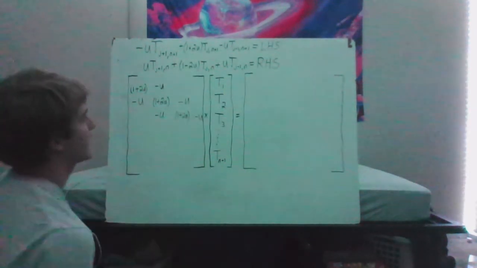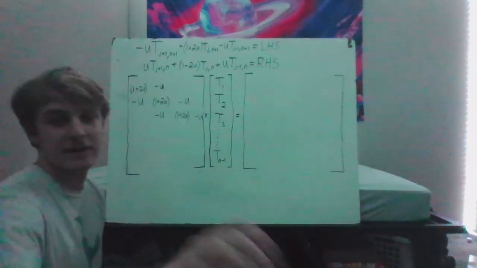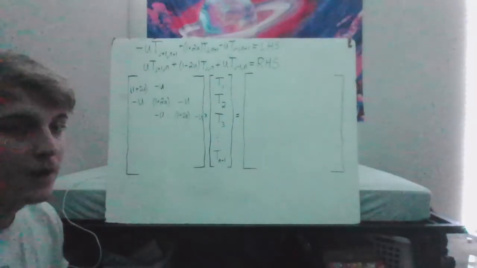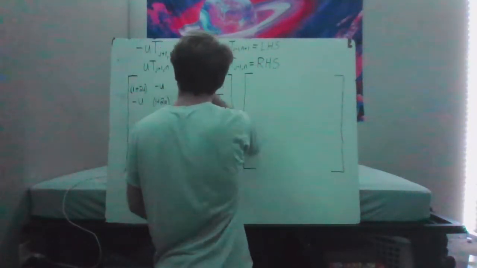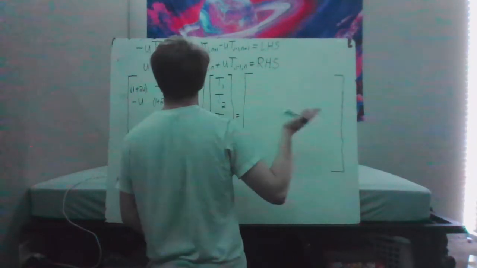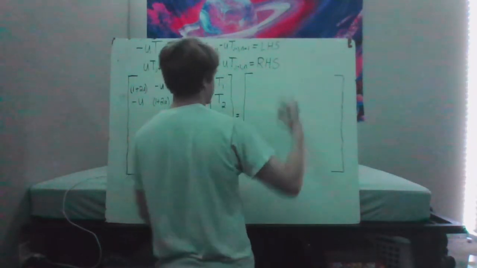So now we can start working on the right-hand side over here in this vector. So first, we're going to do it for this T2. So if we plug in that T2 there, again, these are just going to be all known values. We don't really have to care about order, since it's all just known values.